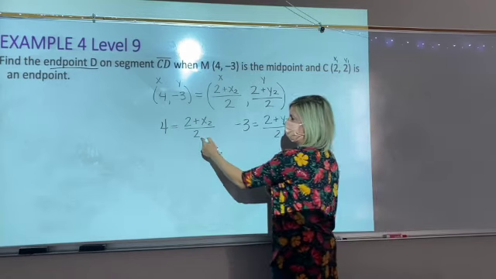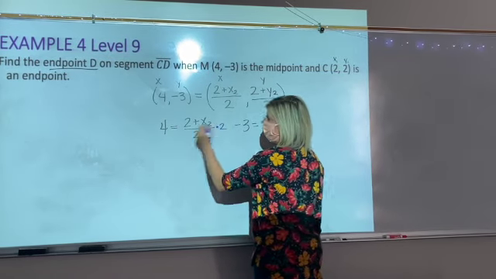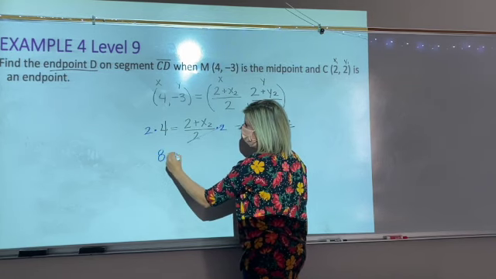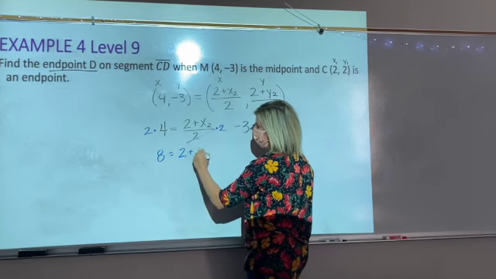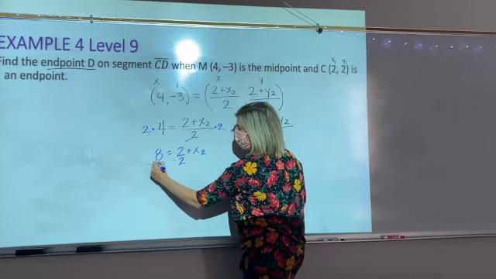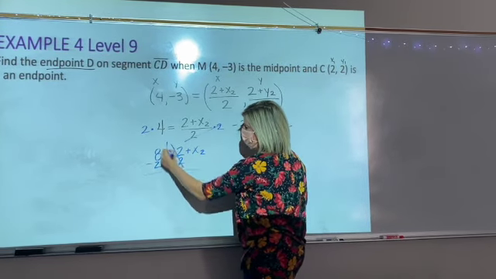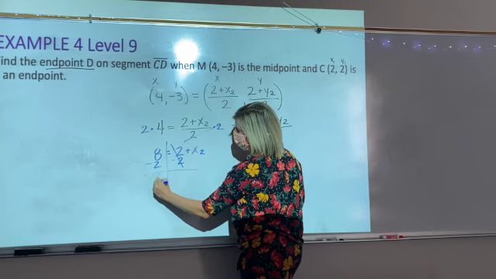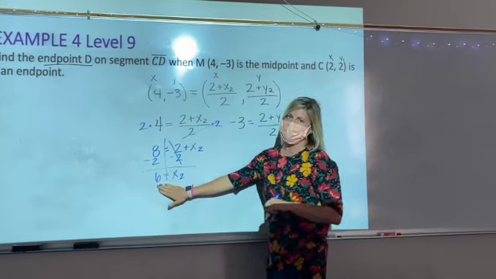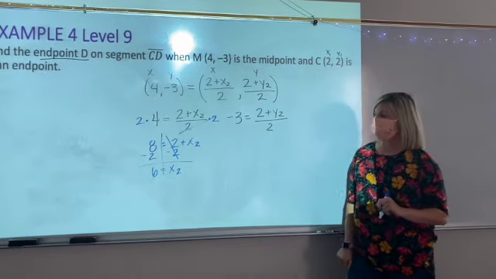Step number 1, to get rid of divide by 2, we're going to multiply by 2. 8 equals 2 plus x2. To get x2 by itself, we subtract both sides by 2 to get 6 equals x2. So I know that's the first half of my endpoint D.